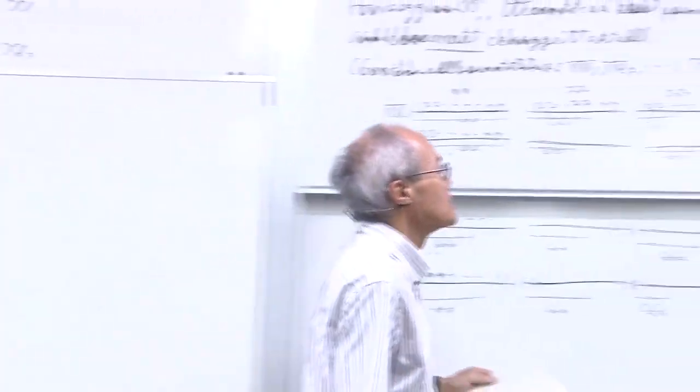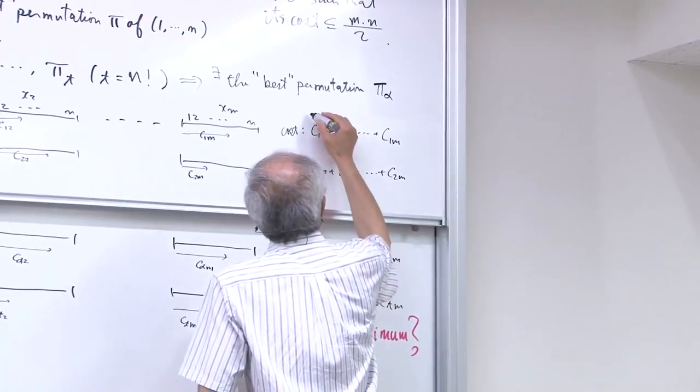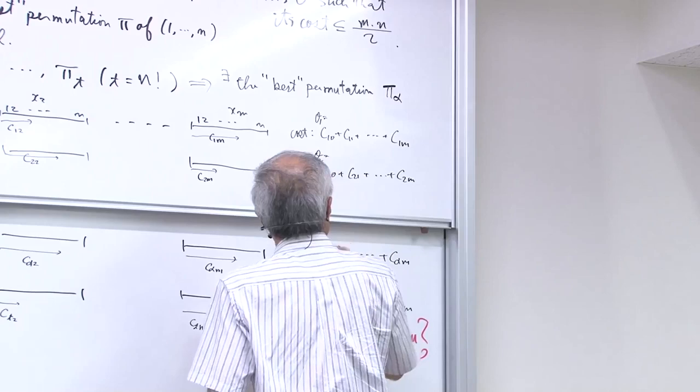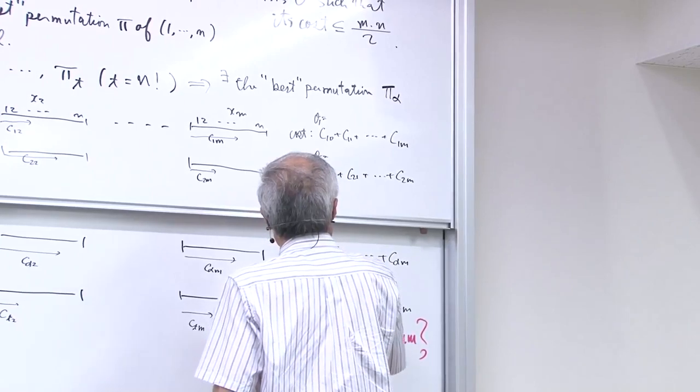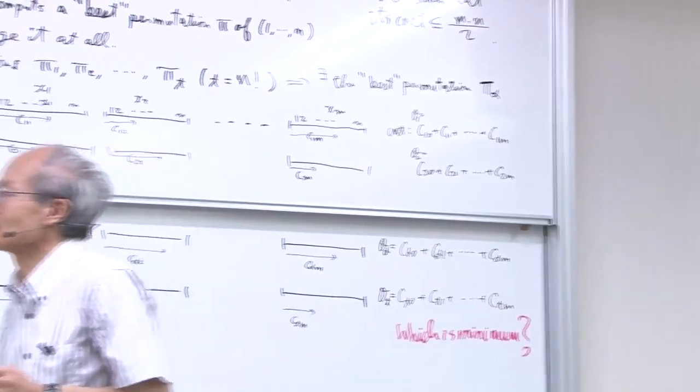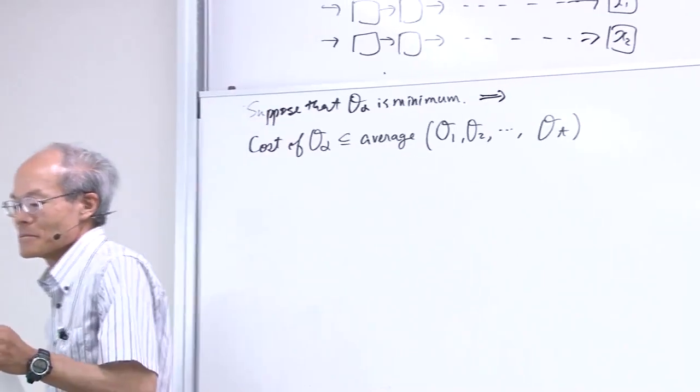Okay, O1. Okay, suppose that O alpha is the minimum.